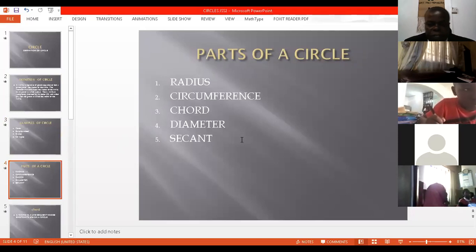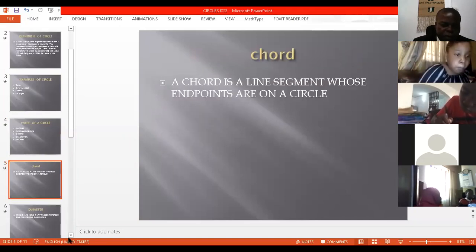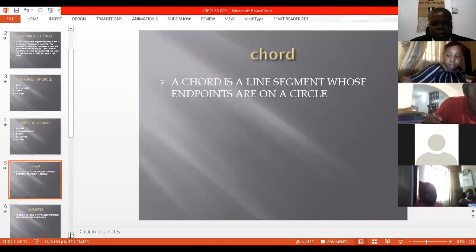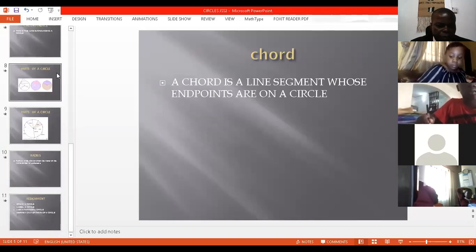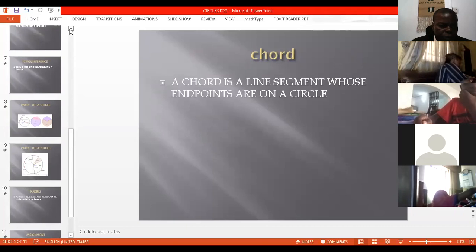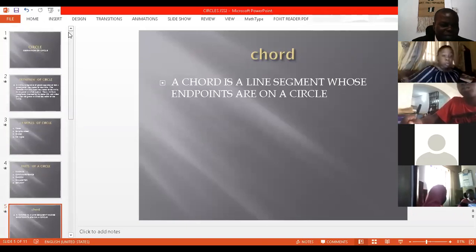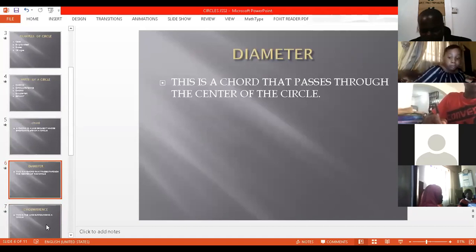Parts of a circle: radius, circumference, chord, diameter, secant. A chord is a line segment whose endpoints are on a circle. That's the definition of a chord. Diameter. Which previous slide?